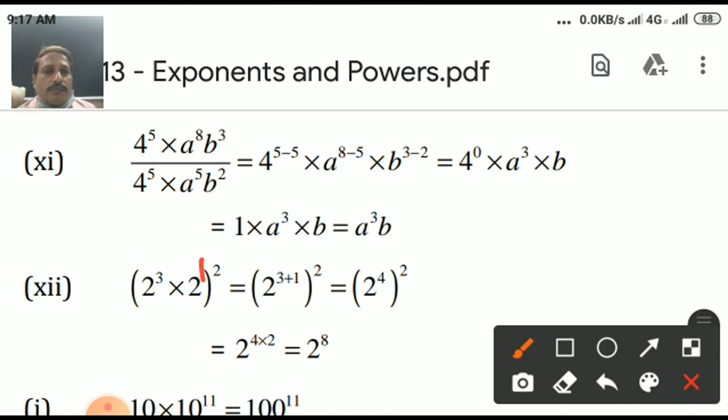Student, here be careful. 2 raised to 3 multiplied by 2. Base is common, but in the second number only 2 is given, nothing is specified. That means 1 should be there. Yes. So now 2 is common. 2, 3 plus 1, which gives me 4. And 4 raised to 2, 4 2s are 8.